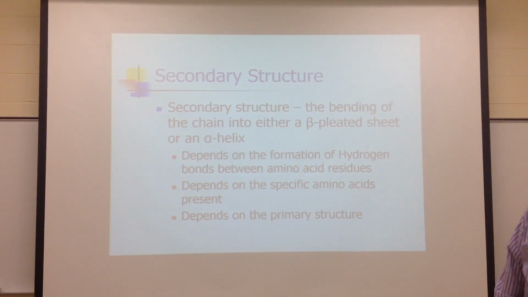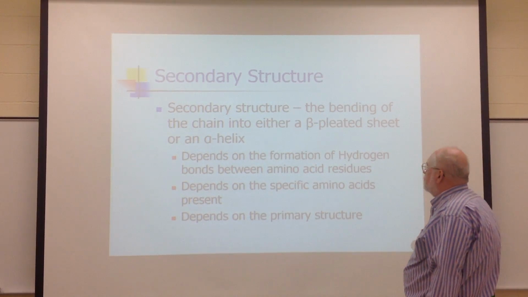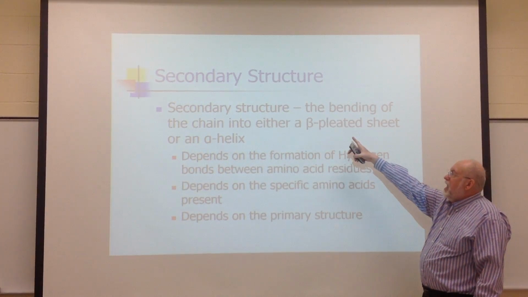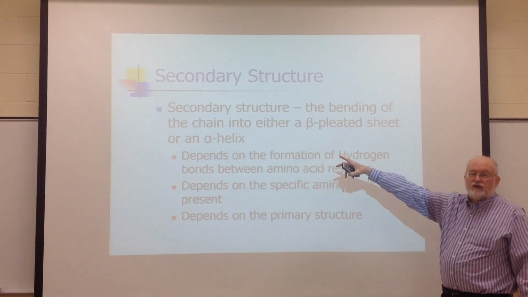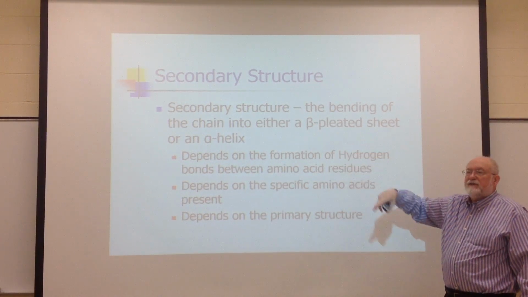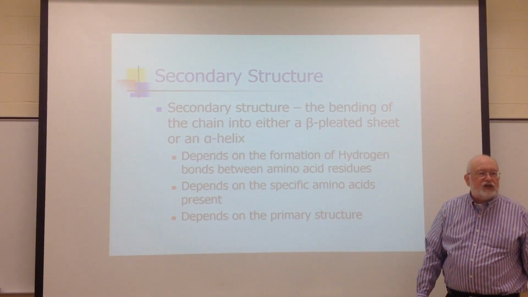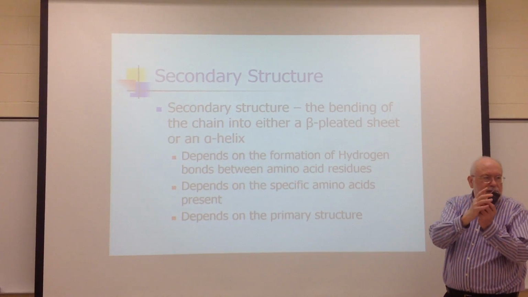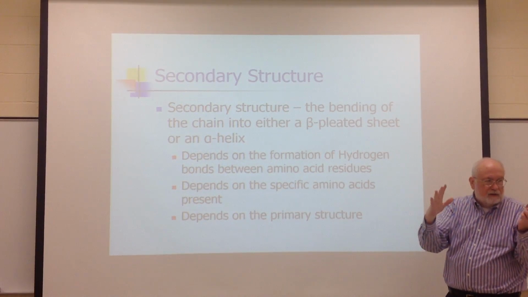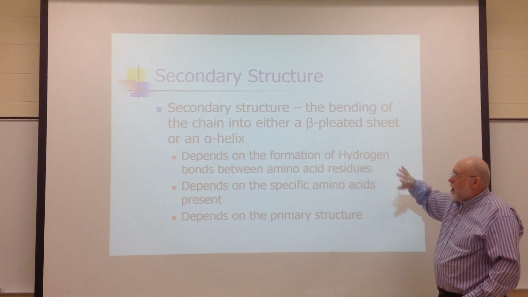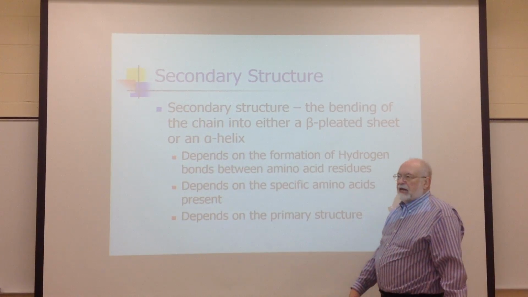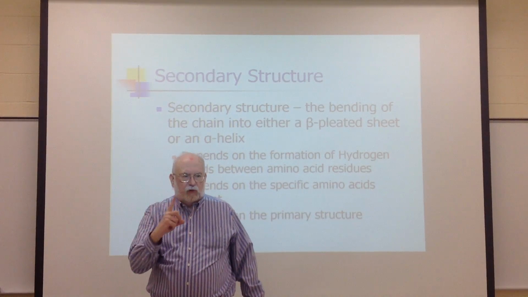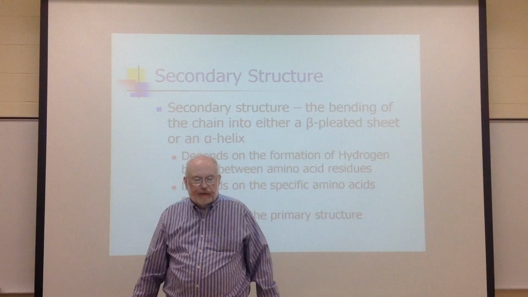Secondary structure. Secondary structure is the bending of that primary chain into one of 2 conformations. We can either have what's called a beta pleated sheet, zigzagging, like taking paper and folding it into pleats. That's kind of what it would look like. Or an alpha helix. What's a helix? A spiral.